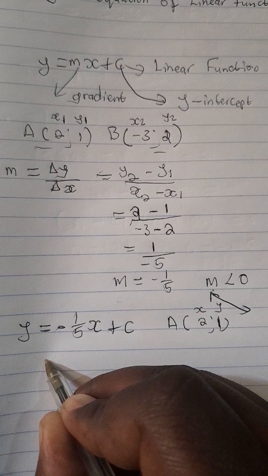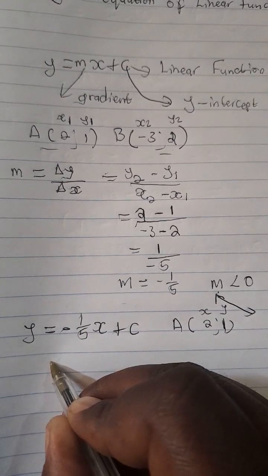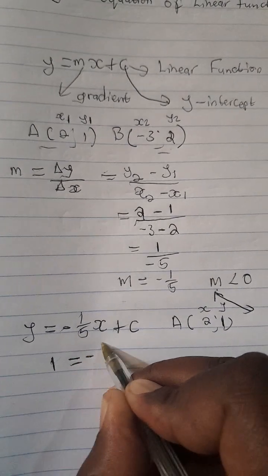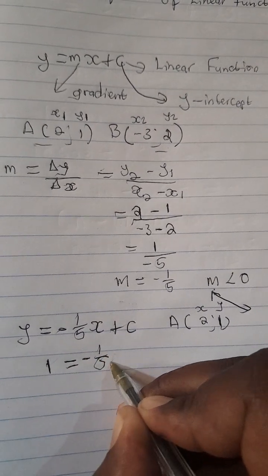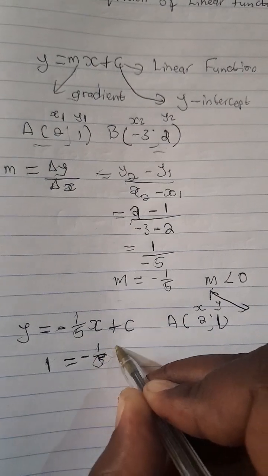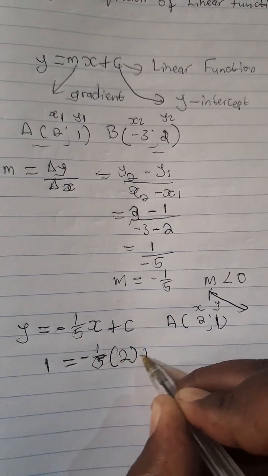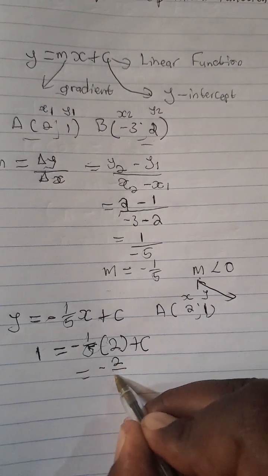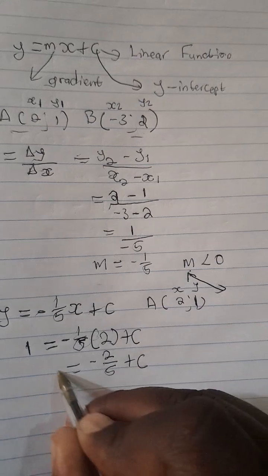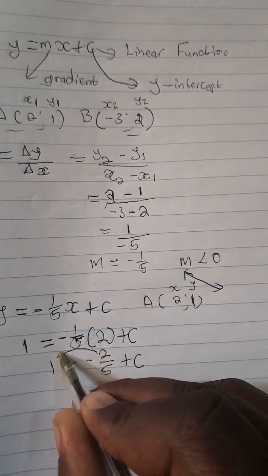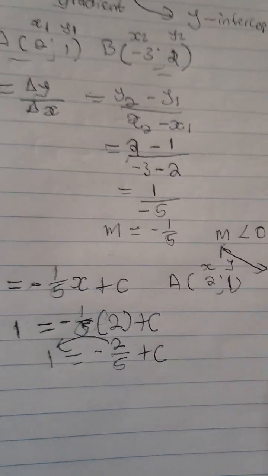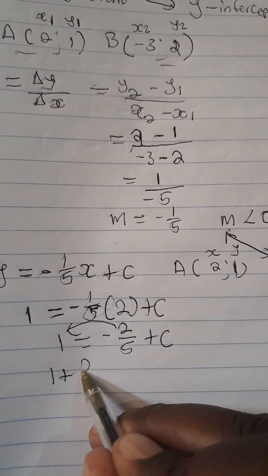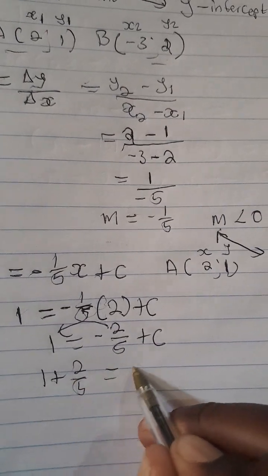Where you see y, you put 1, and where you see x, you put negative 1 over 5 multiplied by 2, plus c. When you work it out, it's the same as negative 2 over 5 plus c, which is 1. So we can take negative 2 over 5 to the other side, in which we have 1 plus 2 over 5, which equals c.